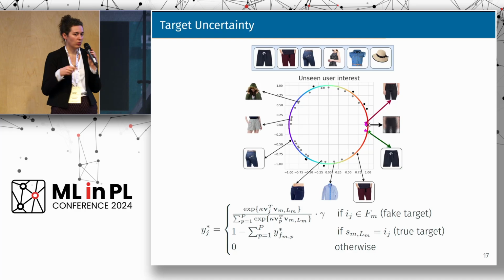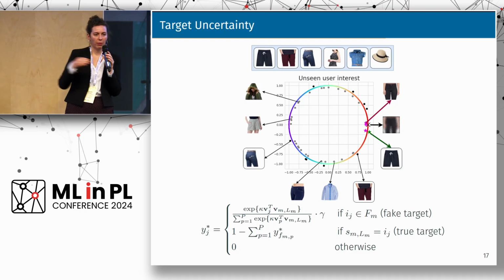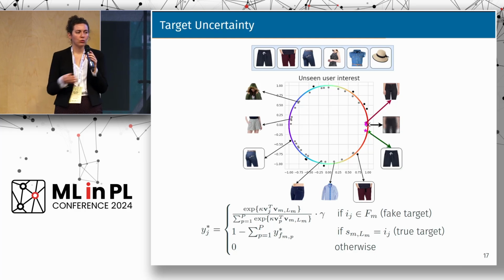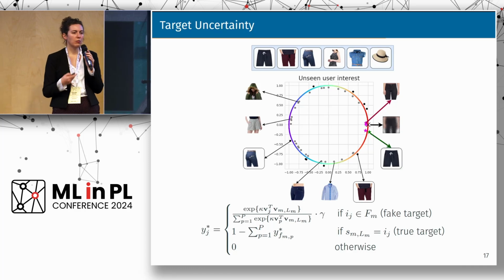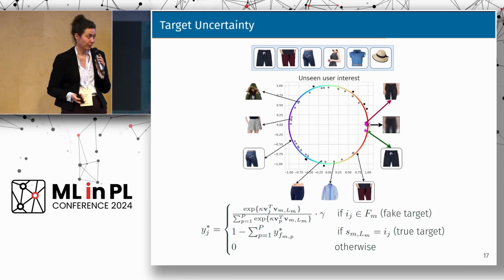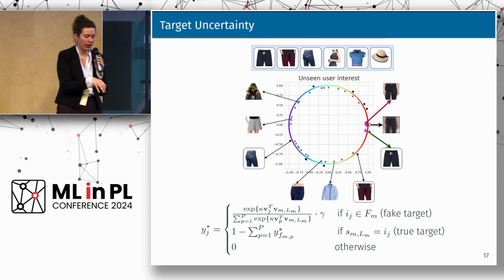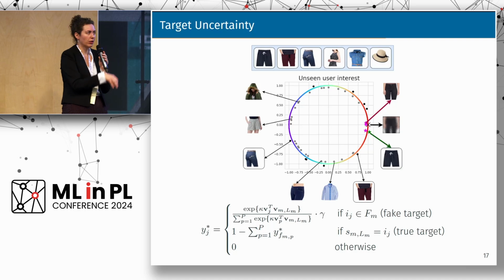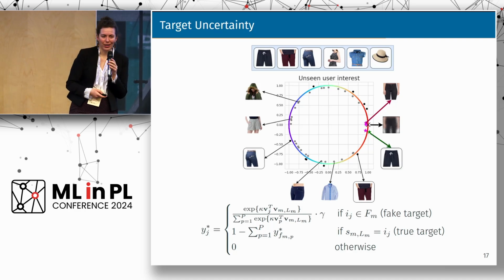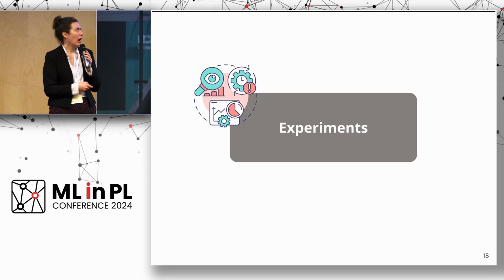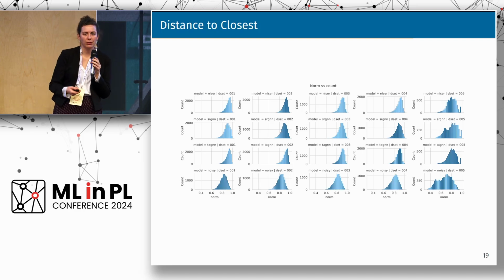So to simulate the situation and to simulate this exposure, we split the probability of the target for the true target and for a number of fake targets to simulate the extended exposure.